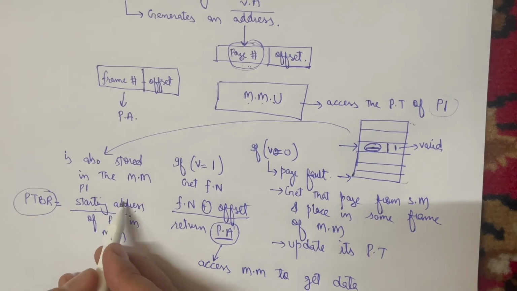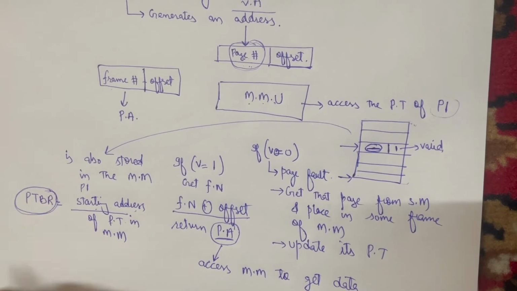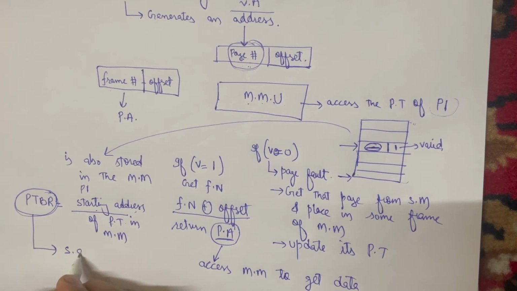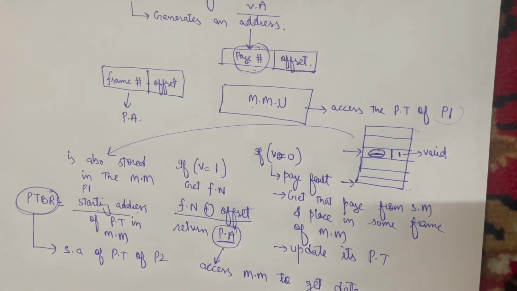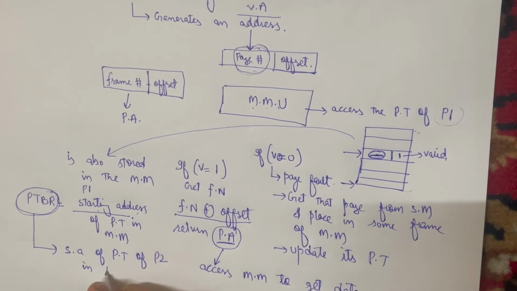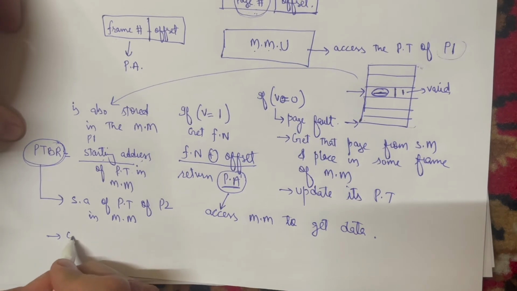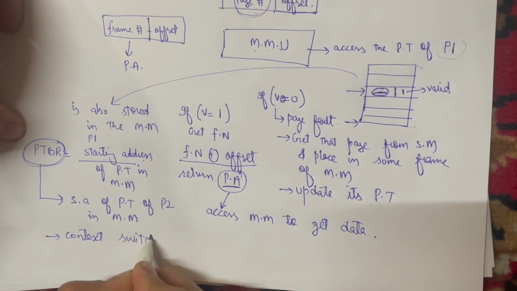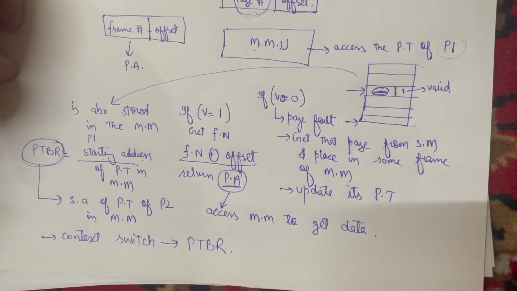When I make a context switch, I have to update this PTBR. Now this PTBR will contain the starting address of the page table of process P2 in main memory. So whenever we make a context switch, we have to update the PTBR, page table base register.